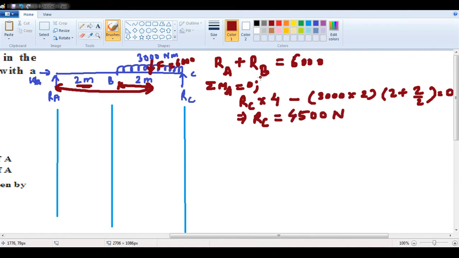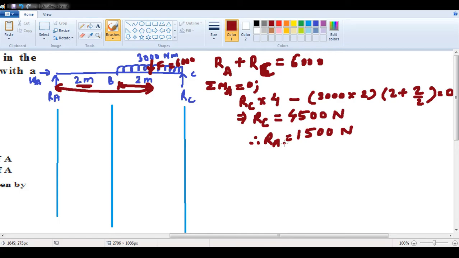Now when we put the value of RC as 4500, RA will be 6000 minus 4500, that is nothing but 1500 Newtons, right?